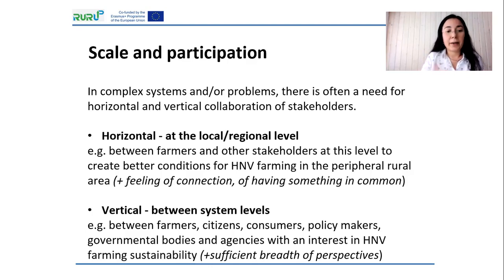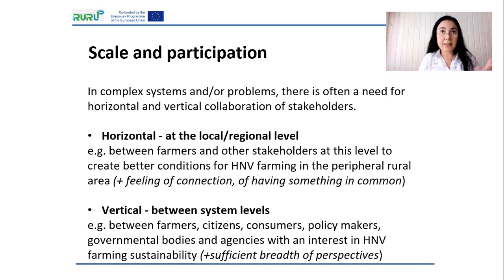In the vertical collaboration, we have collaboration between the different system levels, that would be between farmers and other local stakeholders and citizens or consumers or policymakers or different governmental bodies at the different levels.